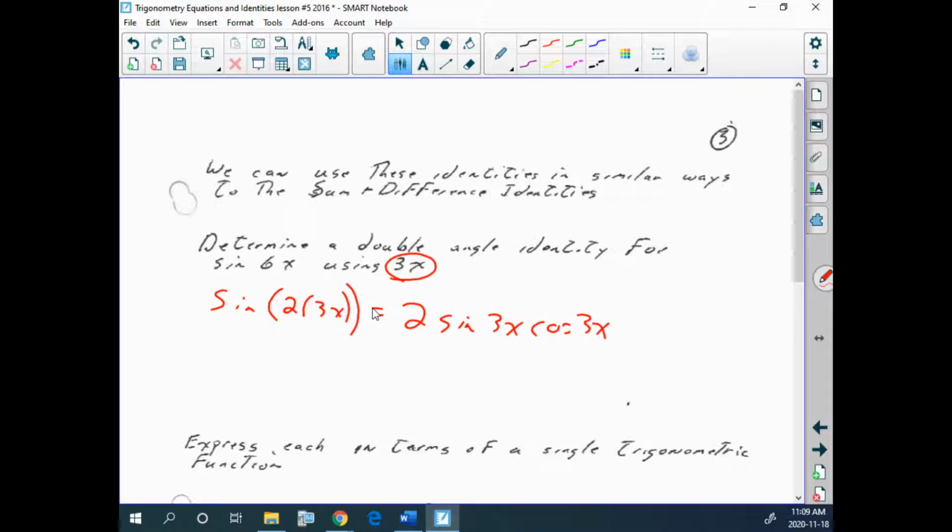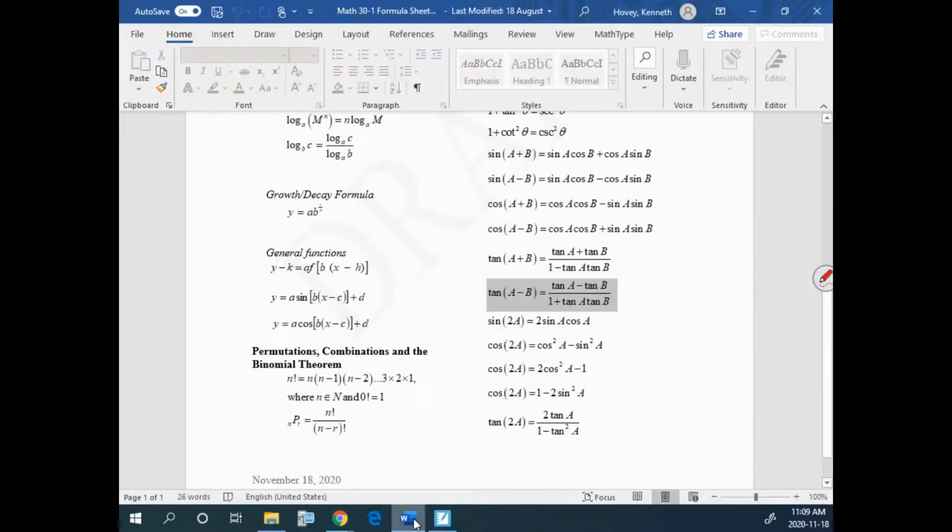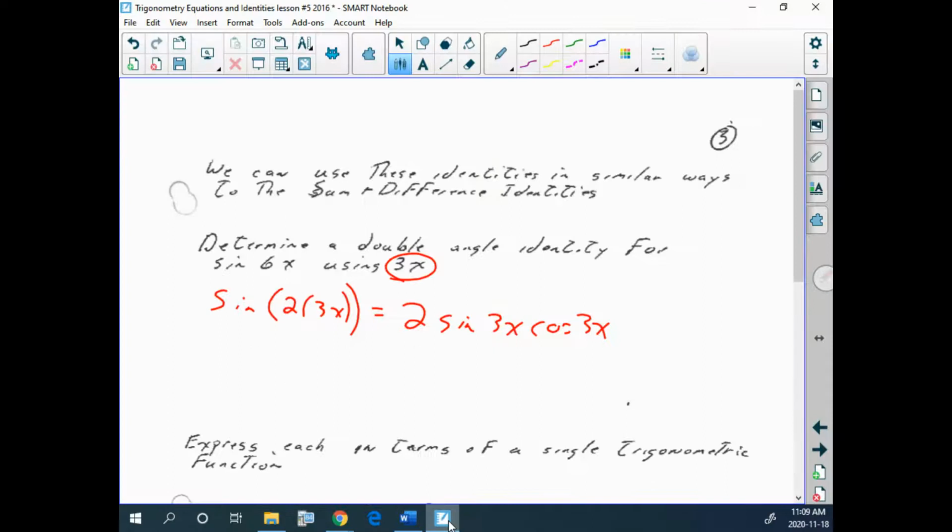So I'm replacing the a in this identity with 3x, so what we have here is this statement that sine of 6x could be written as 2 sine 3x cos 3x. Or flip it, doesn't really matter.